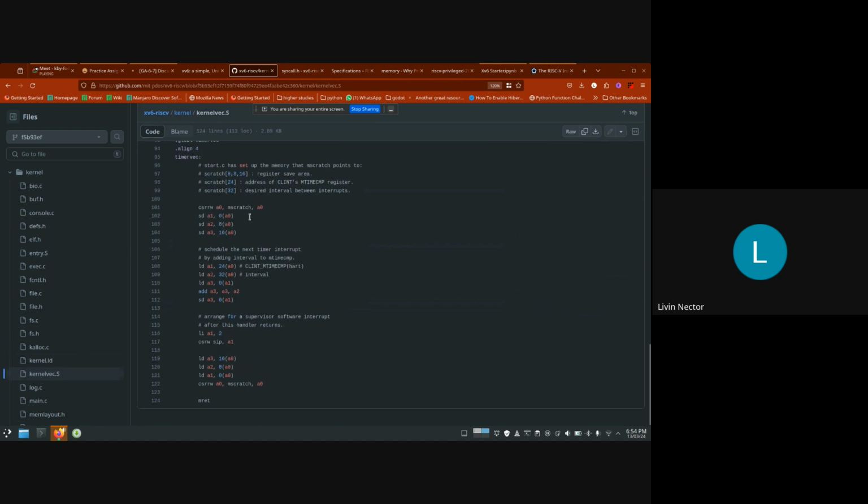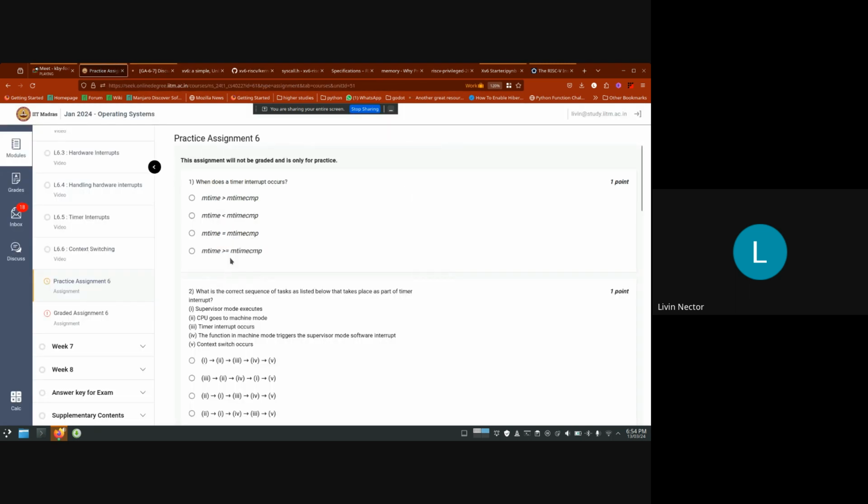Okay, see, CLINT raises the timer interrupt, and timer rec handles that interrupt. So it adjusts that and raises this. So when does the interrupt happen? When it is equal to or this? So your doubt is about this or this, right?